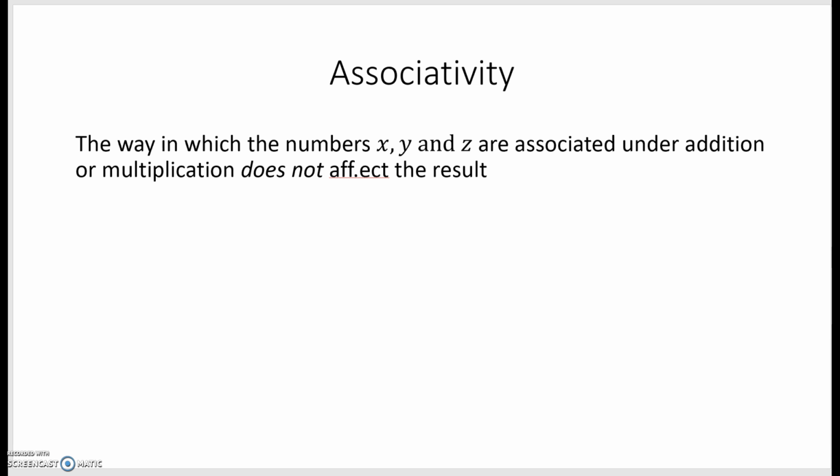We've looked at associativity when we looked at numbers. It's the way they're associated under addition or multiplication. Now let's look at it in algebraic terms. So x plus y plus z is the same as x plus y with a bracket plus z, or indeed x plus y plus z with no brackets.